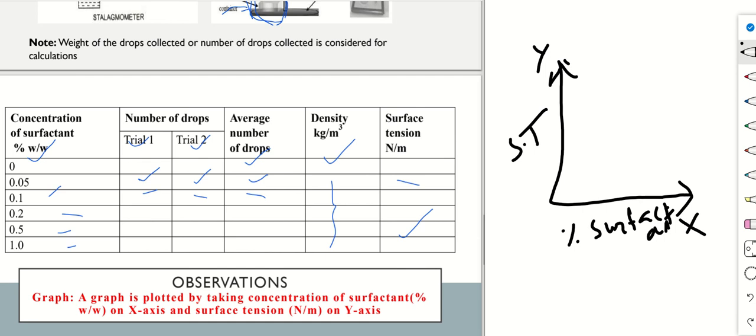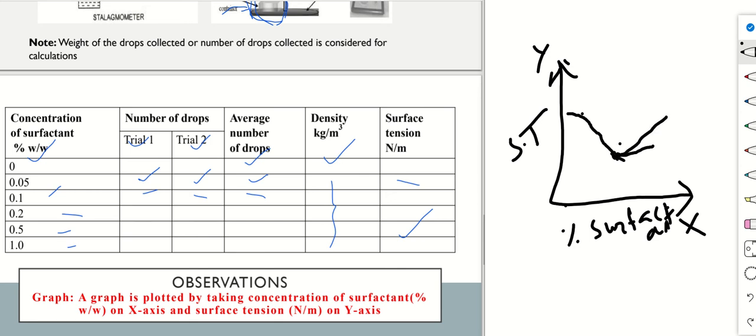So as the surfactant concentration increases, the surface tension is supposed to decrease. So at the beginning it will be higher, slowly it will decrease, right? But after some concentration, even if the concentration increases, there'll not be much change in the surface tension. It might remain constant or it might increase.